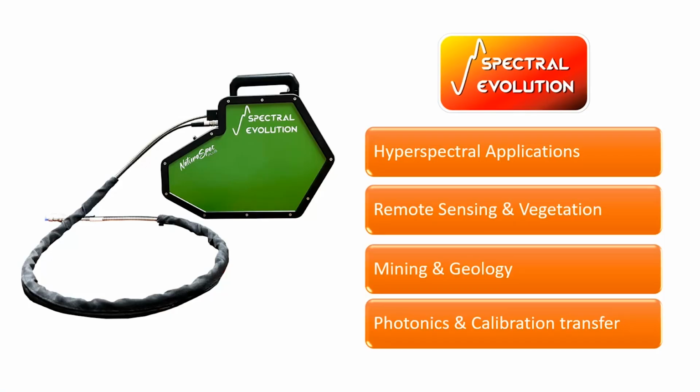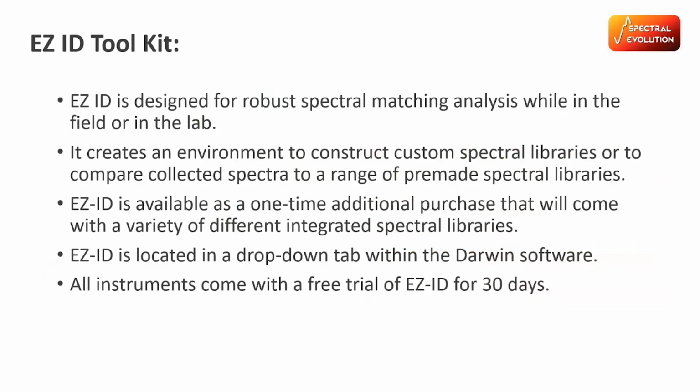So today, like I said, we're going to be talking about the toolkit in the EZ-ID. And so I'll start off by introducing all of the tools, and then I'll do a demonstration on how I might identify some minerals and compare to spectral libraries. So EZ-ID as a whole is designed for robust spectral matching analysis while in the field and in the lab.